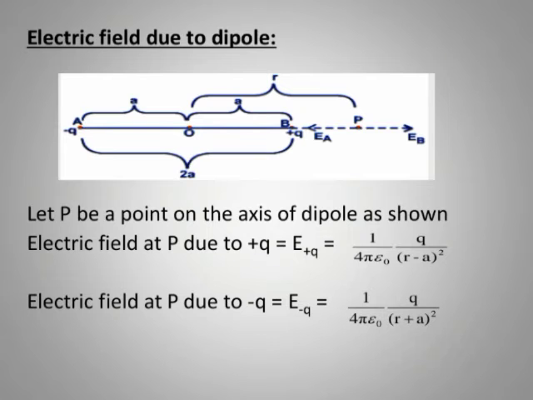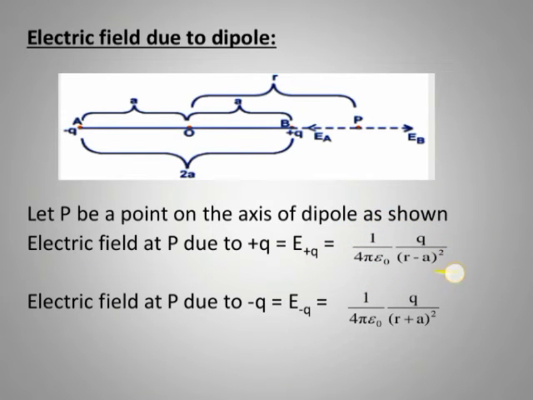Okay, now let us go to the derivation. Let P be a point on the axis of the dipole as shown. Now if I consider the electric field at point P due to the positive charge, so this charge I would take now. I am taking individual charges individually and writing the electric field equation for each. So E, the electric field of this positive charge, is equal to, what is the formula of electric field? 1 divided by 4 pi epsilon naught, q divided by r square.